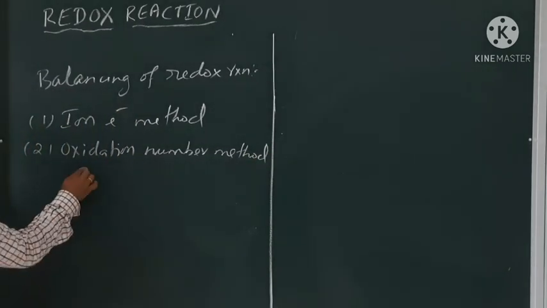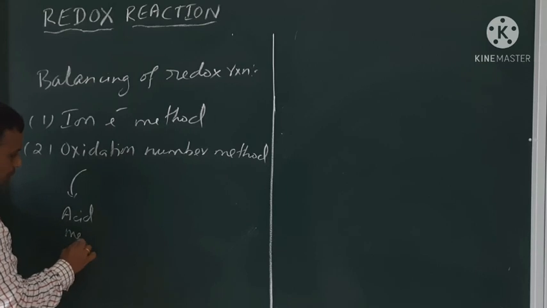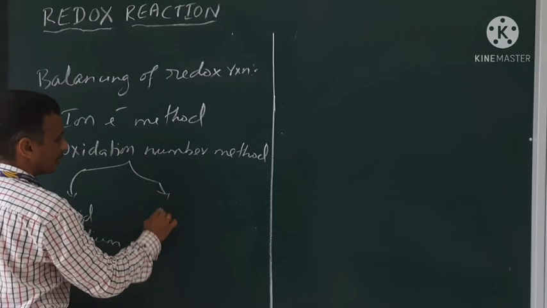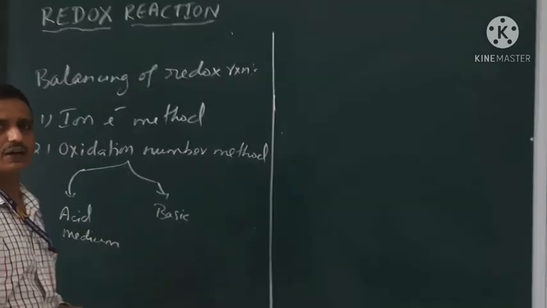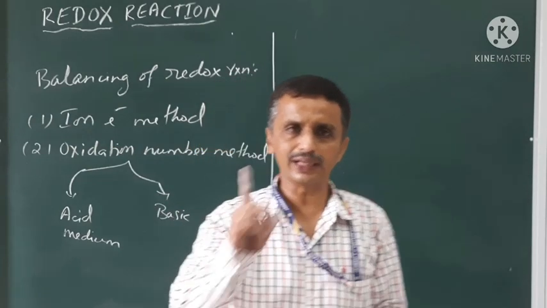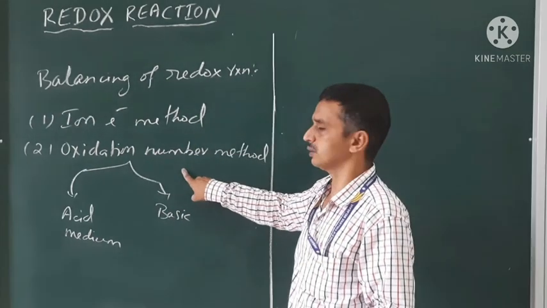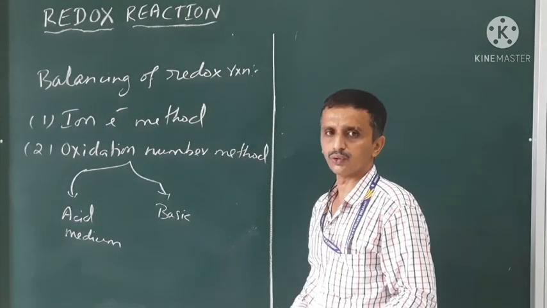That also in the acid medium, how to balance the equation. In the basic medium, how to balance the redox reaction, whether it is in the ion electron method or in the oxidation number method. How to balance it, that also study.